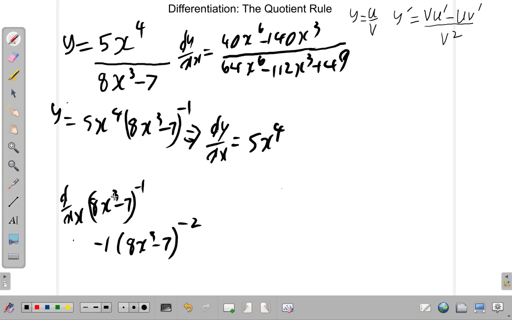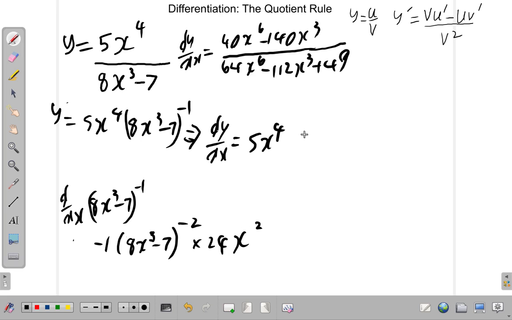This is the inside function, so you treat it like u to the negative 1, and when you differentiate, you get negative u to the negative 2, right? And then you recognize that you must differentiate the inside function now. And what you get is 3 times 8, which is 24x squared. That's what would happen. Alright.